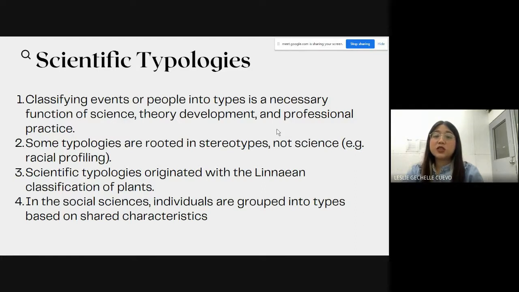Then some typologies are rooted in stereotypes, not science. So scientific typologies originated with the Linnean classification of plants. And in the social sciences, individuals are grouped into types based on shared characteristics. So ginugrupo ang tao base sa kung ano yung mga katangian na meron ang marami.